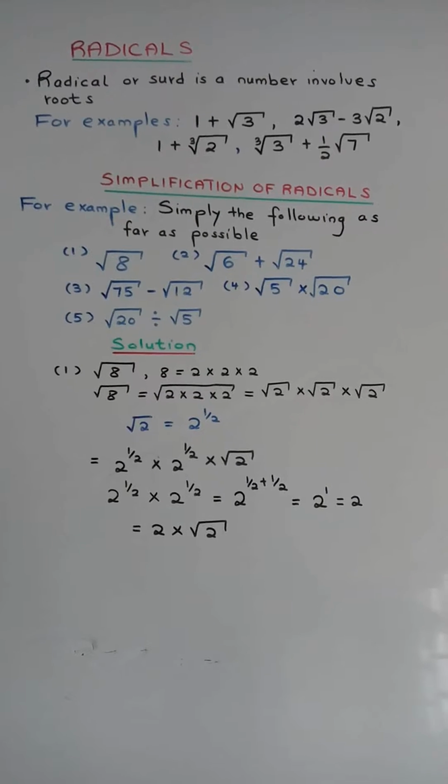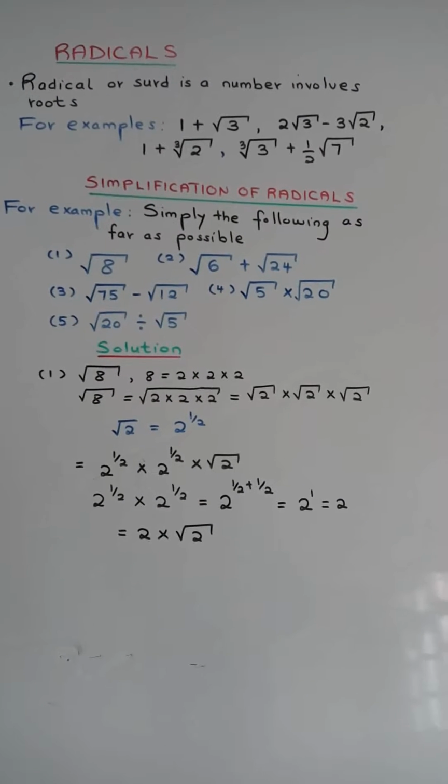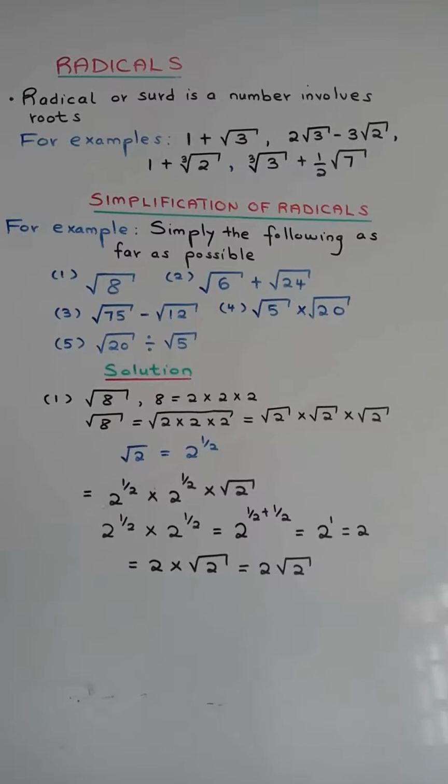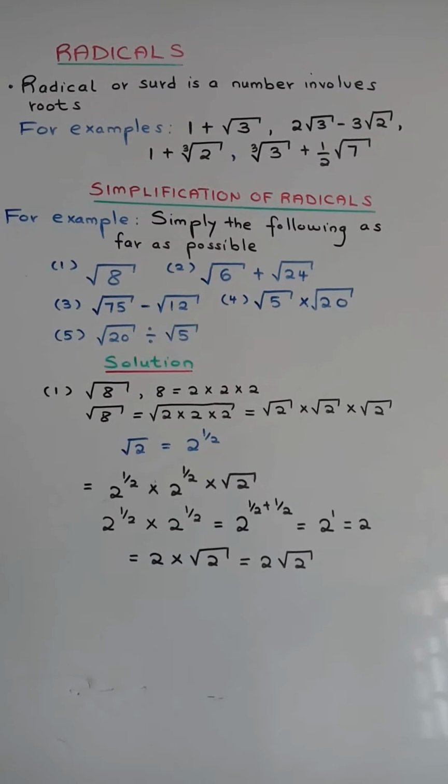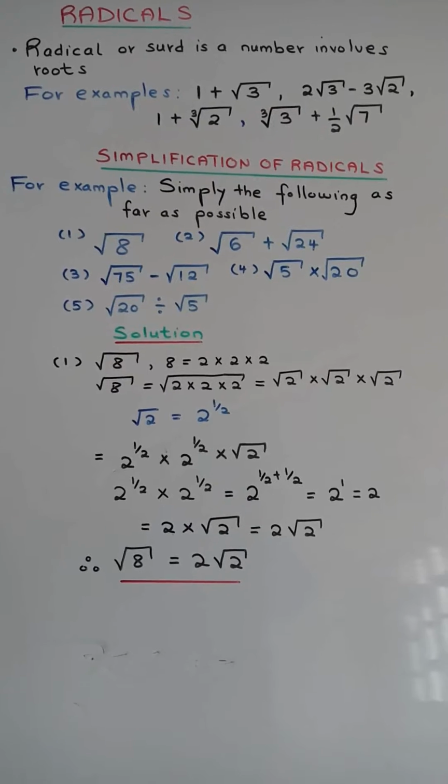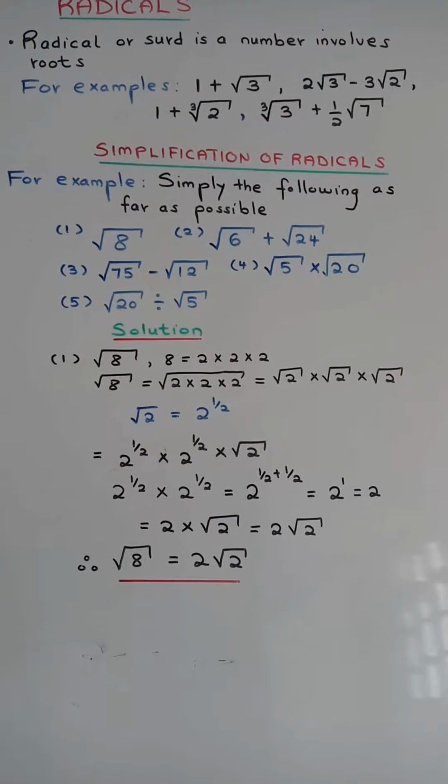So it is equal to 2 times radical 2, which is 2 radical 2. Therefore, radical 8 is equal to 2 radical 2.